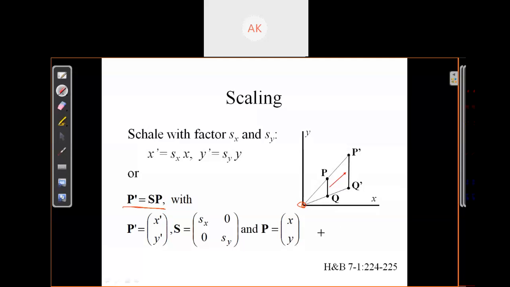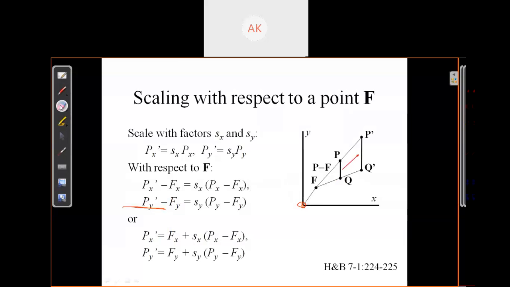So when the scaling fixed point is not the origin, you get this equation. As you can see, the fixed point is this point. F is the scaling point with respect to which we scale the object, so your equation will change like this.